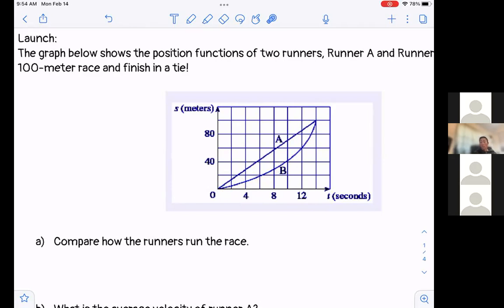Are they approaching it in the same way, or in a different way? What would it look like if you were watching this race? When you have some ideas, you can either unmute to share your thoughts, or you can type into the chat.